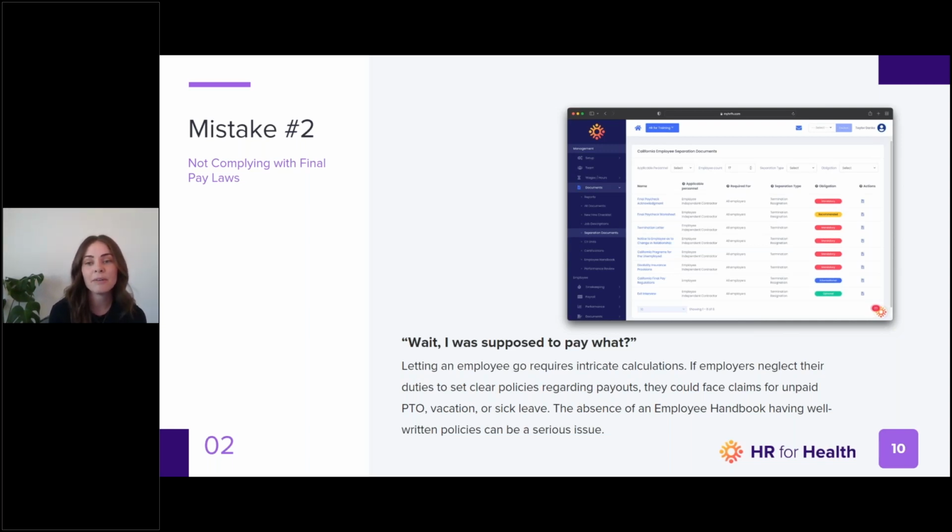Another issue that we hear a lot about is deductions on the final paycheck. Maybe you gave them an advance, or an allowance for a uniform, and you want to deduct that. It can get risky to deduct on a final paycheck. There are state rules on this, again, no surprise there. So make sure that you know what your rules are in your state.